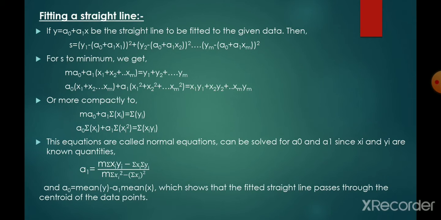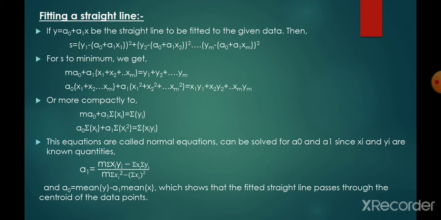It can be simplified from the derivative of dou S by dou a0 and dou S by dou a1. From these derivatives we get the two equations.